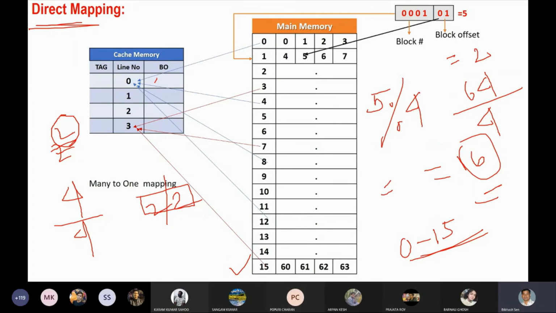What will the value be? 1. It should be loaded at 1, or I have to divide this value with 4. Tell me. Which one? This one or this one?